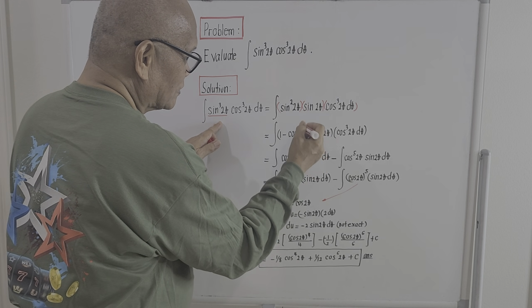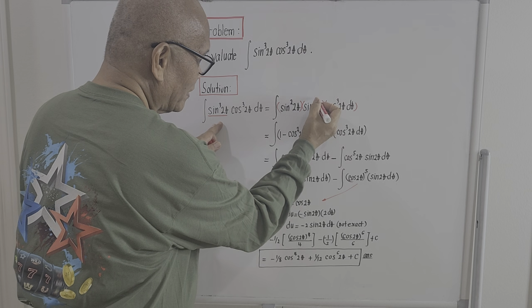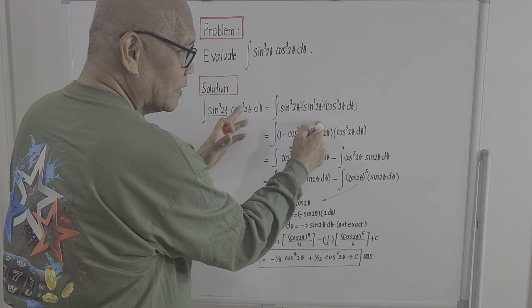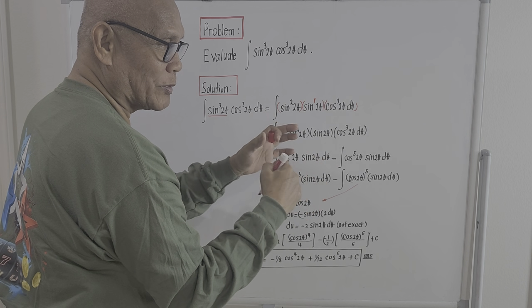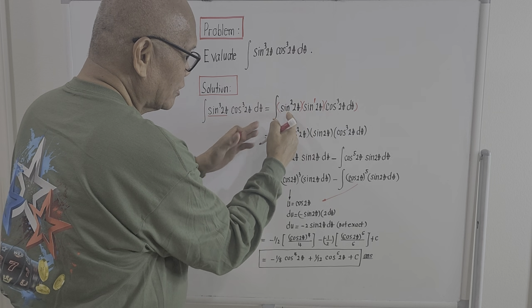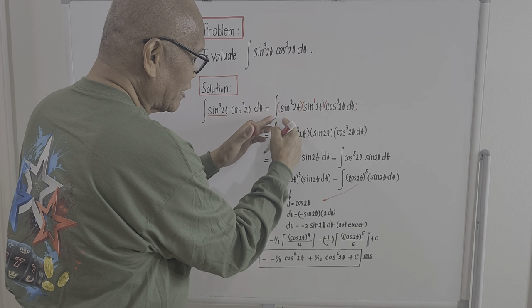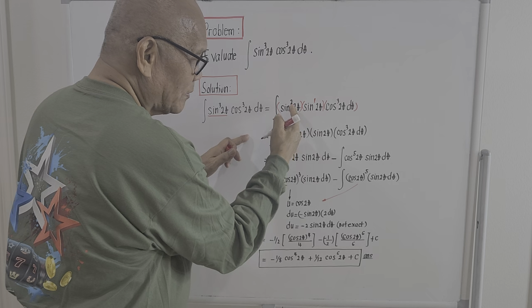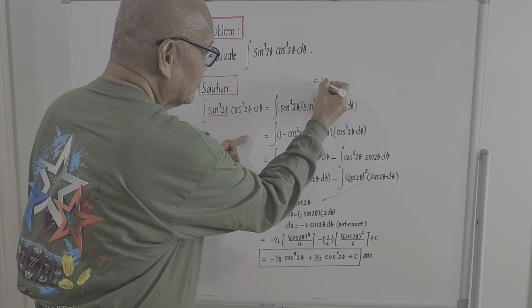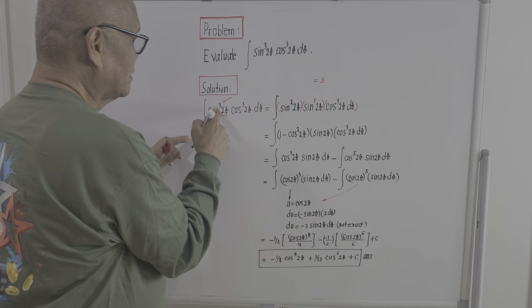Because sine of 2 theta is actually sine of theta to the power 1. And if we try to expand this one, we will be using the laws of exponent. Same base, different exponent. So if we try to multiply this one, it should be sine of 2 theta. The power will be 2 plus 1, which is equal to 3. And same as this one.